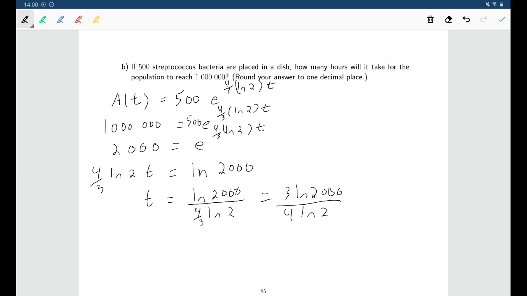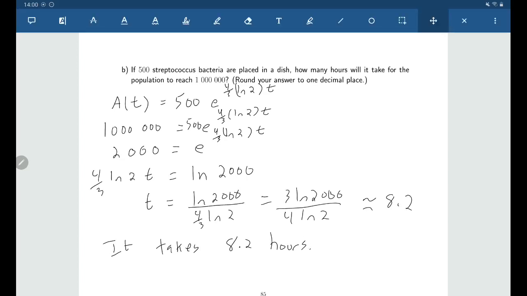So 3 times natural log of 2,000 divided by 4 times natural log of 2 gives us about 8.22, or in this case 8.2. We're rounding it to 1 decimal place. So it'll take 8.2 hours. So if we have some strep bacteria in a dish, if we start with 500 bacteria, then about 8 hours later we will now have 1 million of them.